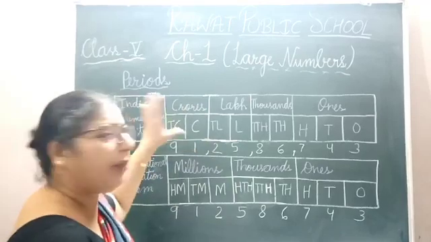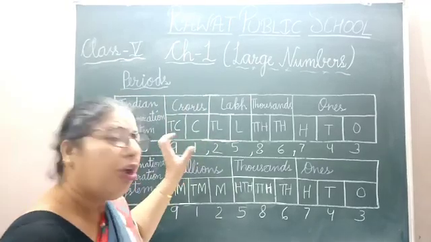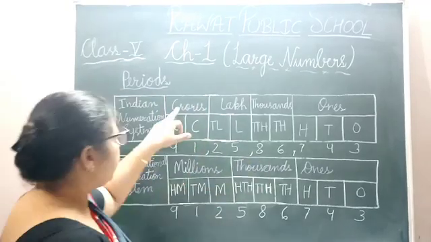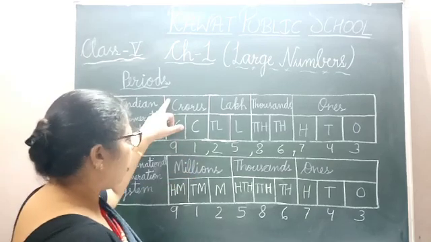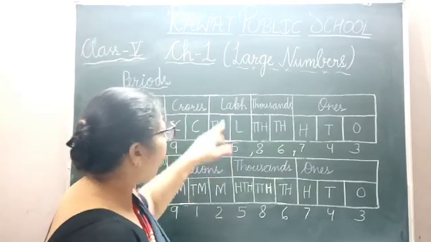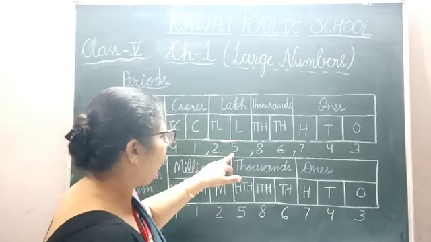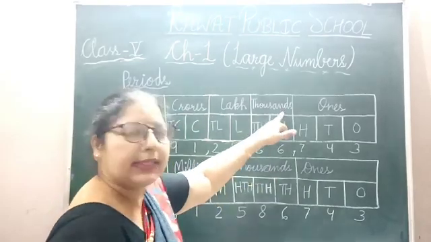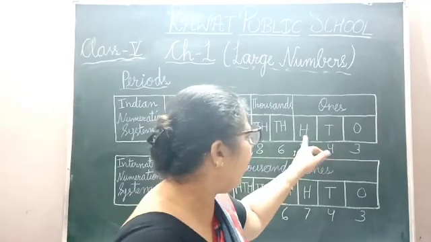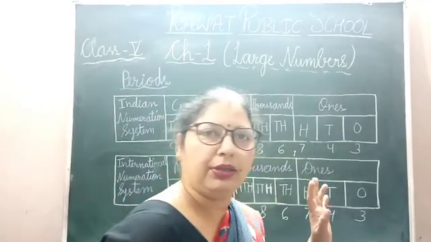According to the place value of each digit we read the numbers. The place value of 91 is crore, 91 crore. The place value of 25 is lakh, 25 lakh. The place value of 86 is 86,000, and this is 743.